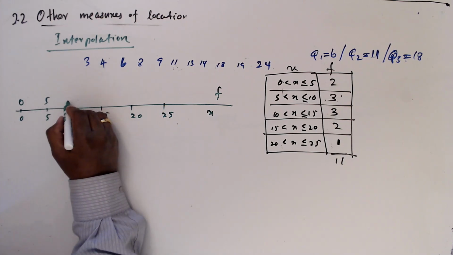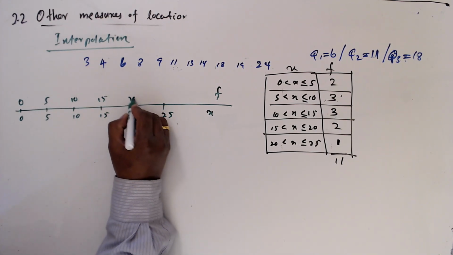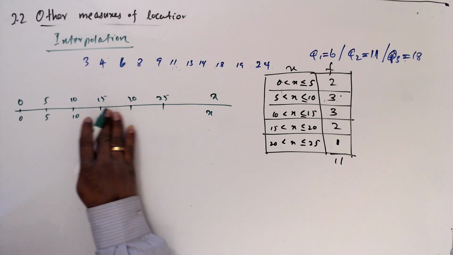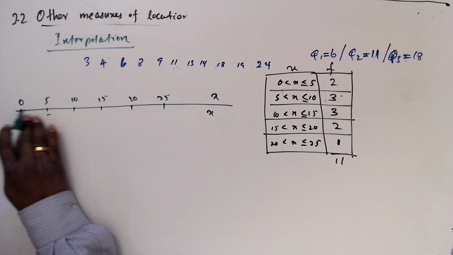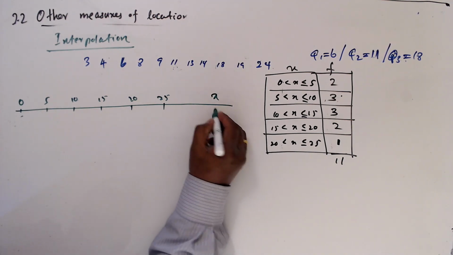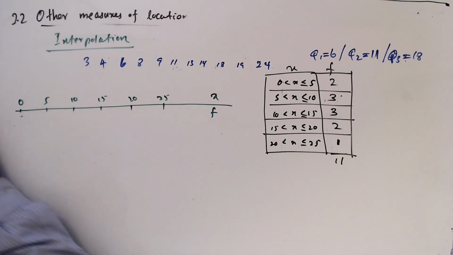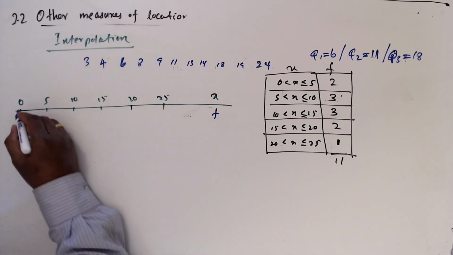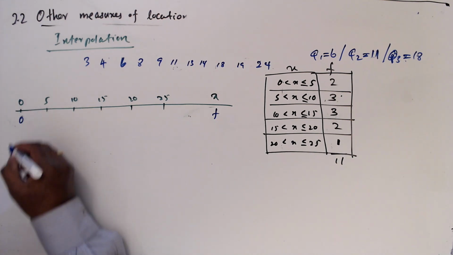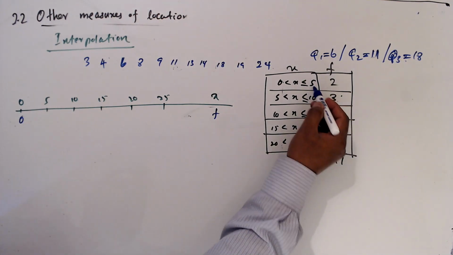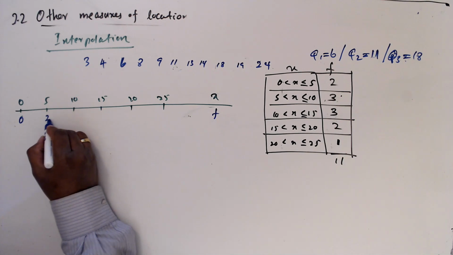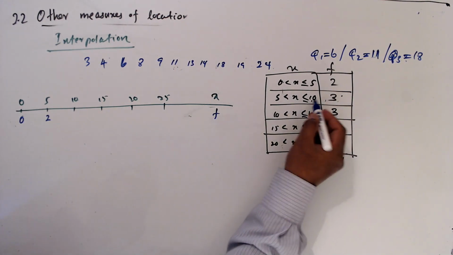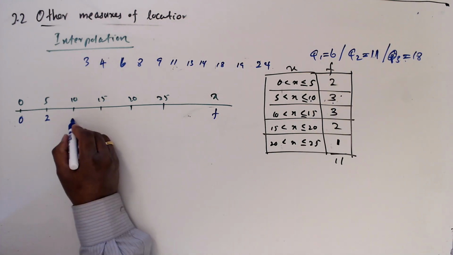This is x and this is f. When it is 0, frequency is 0. When it is 5, what is the frequency? 2. When it is 10, 2 plus 3, which is 5.